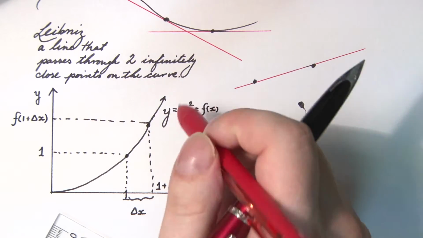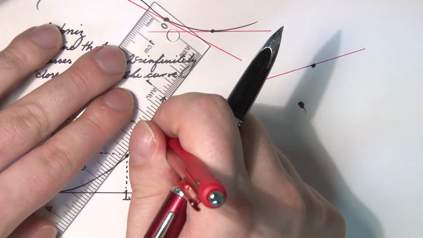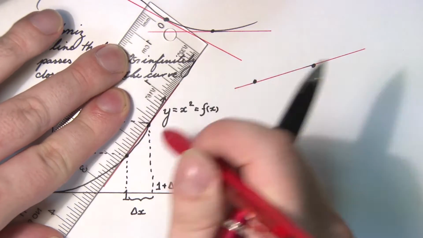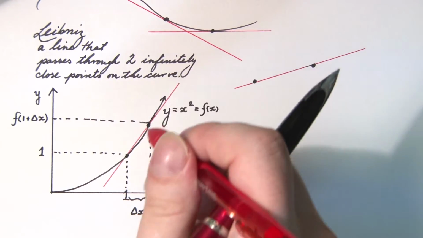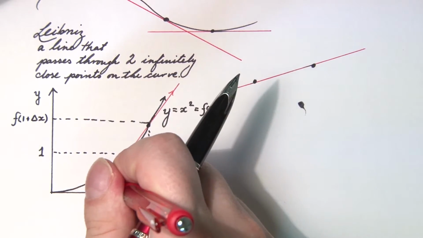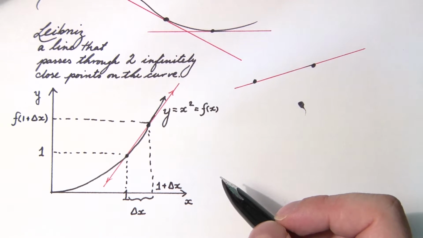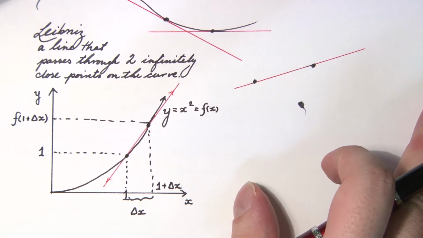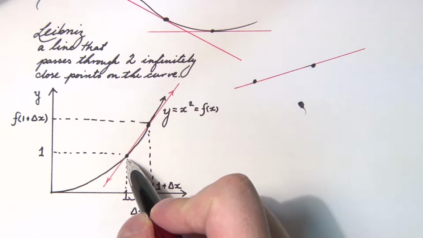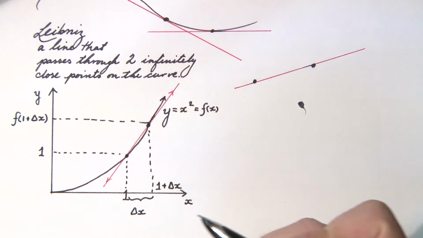So what he says is we can draw a line now through this. We got, boom, a line that runs right through here. Okay, so let's say that Leibniz wants to find the tangent at the point 1.